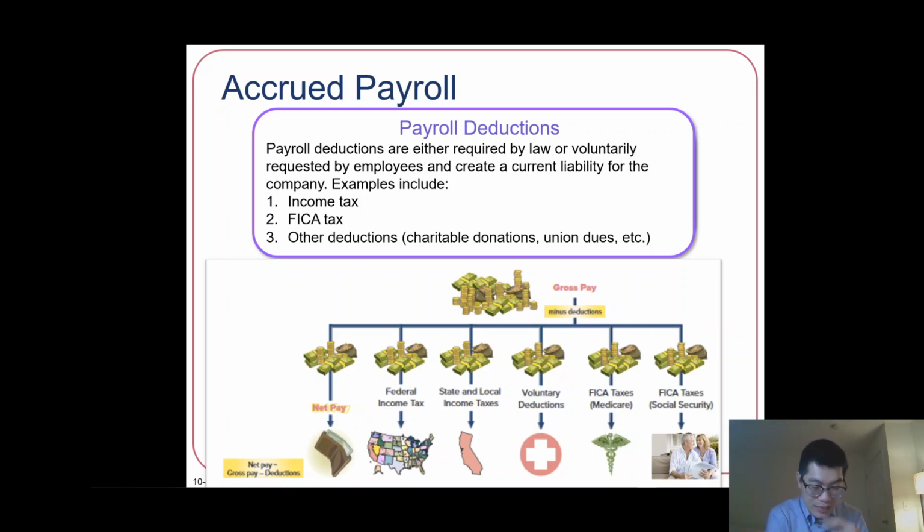That means at the end of the year, when you file your tax returns, you don't have to pay a huge amount of taxes at one time. With each paycheck you receive, your employers will deduct those things from your paycheck and withhold them for tax filing purposes, and those will be paid through the company's accounting system.